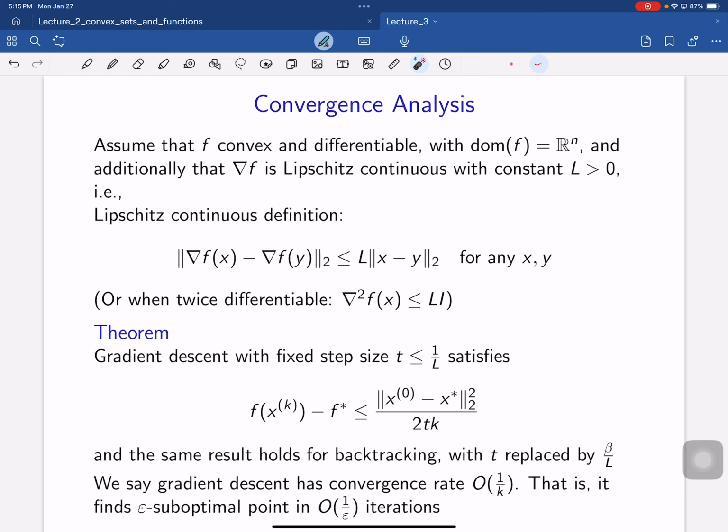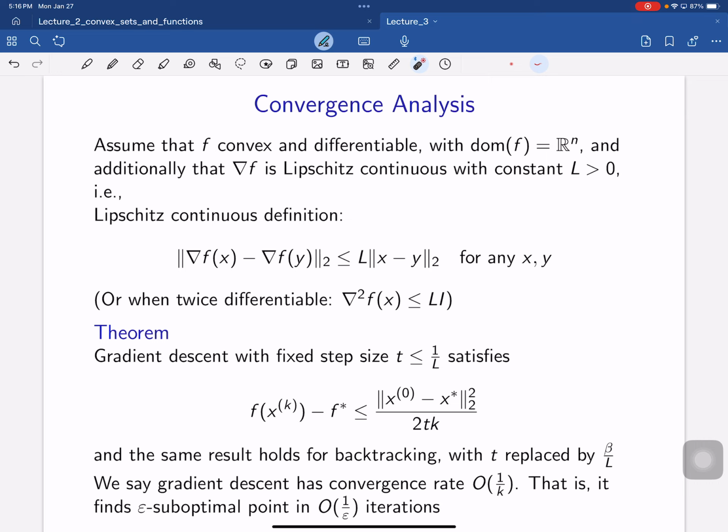There is a result for gradient descent which says if the gradient is Lipschitz continuous, the so-called Lipschitz continuous property, then gradient descent with fixed step size gives you the following convergence order. Here f(x_k) is the function value at iteration k, and f star is the global minimum.